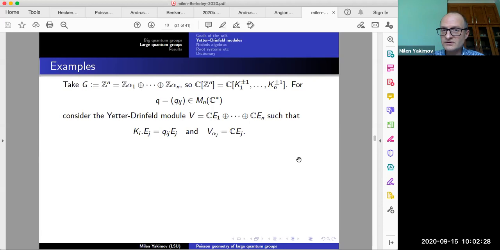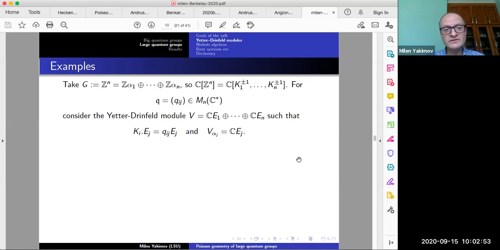And this Yetter-Drinfeld module is just a direct sum of one-dimensional representations. These are the one-dimensional representations that appeared on the previous slide. Each of the generators, Ki, acts on the corresponding vector in the representation by multiplying it by the corresponding number Qij.